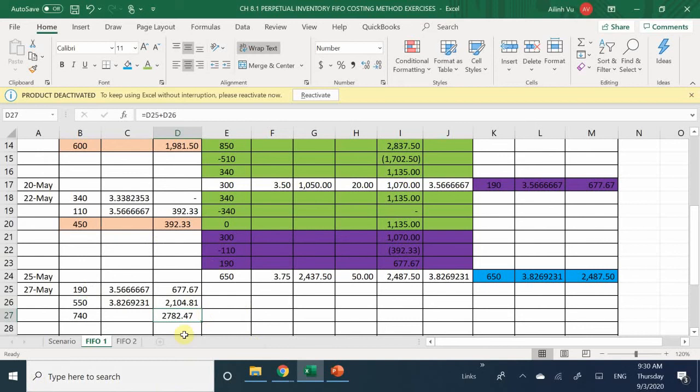Okay, now let's make sure that these numbers actually match. So they don't match. So I'm going to have to resort to using ROUND.